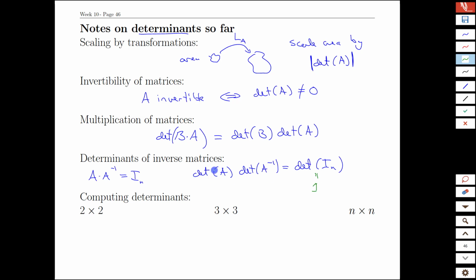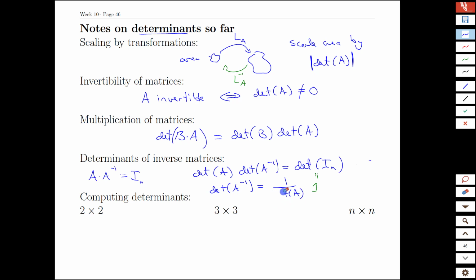If we know the matrix A's determinant, what's the determinant of the inverse? We'll think about it as L inverse of A. If this doubles the area, we're going to have 1/2 the area when we do the inverse transform. And we see that here through this logic, that the determinant of any inverse is going to be 1 over the determinant of the original matrix.